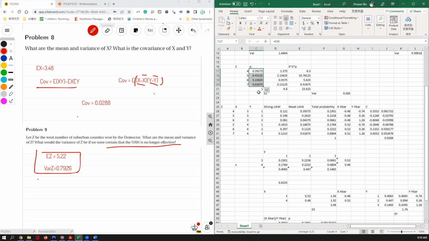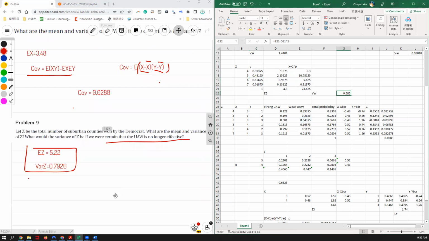This probability still sums up to 1, we're good. And then this is the expectation value. This is the X squared times probability value. And then I'm just going to subtract it. So these two numbers should automatically be updated, and that will be my new numbers.